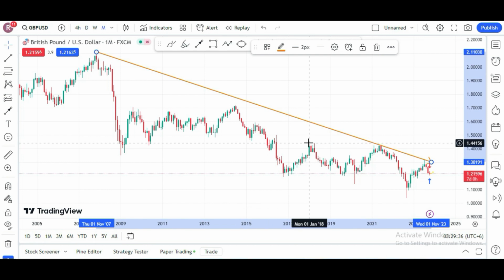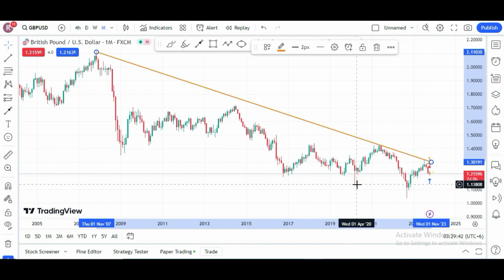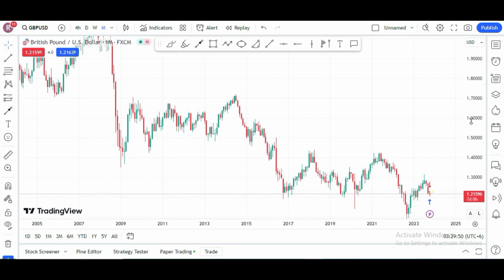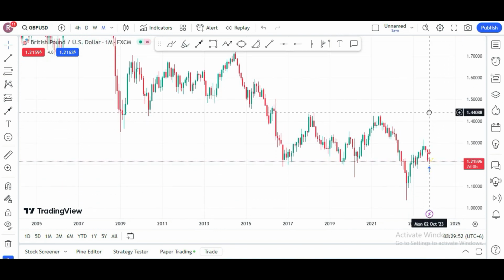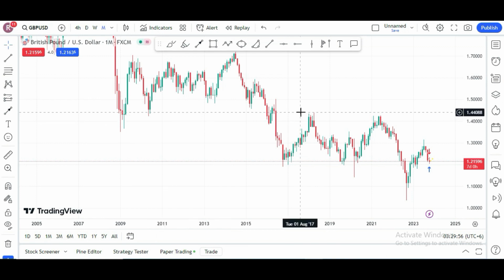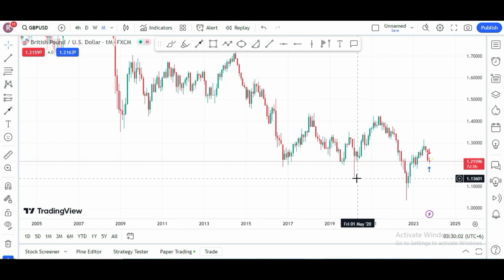There is something here, but still it is in downtrend. If we enlarge a little, we can see it is making lower high and lower low.